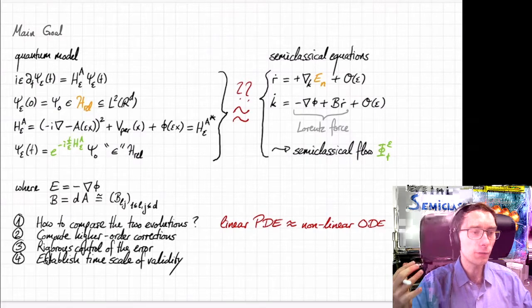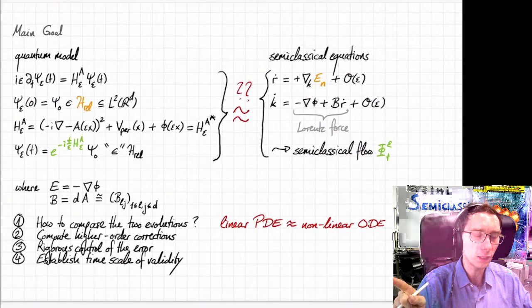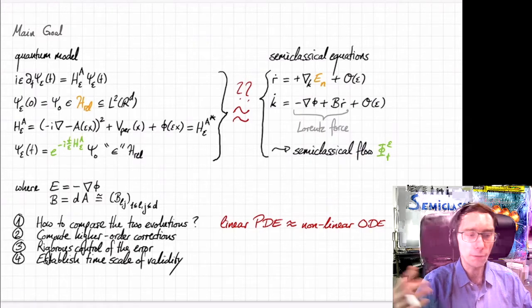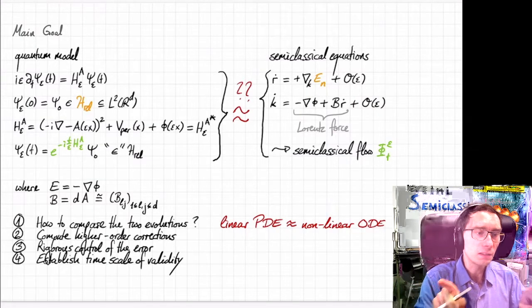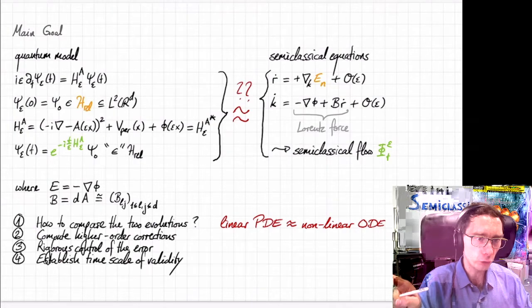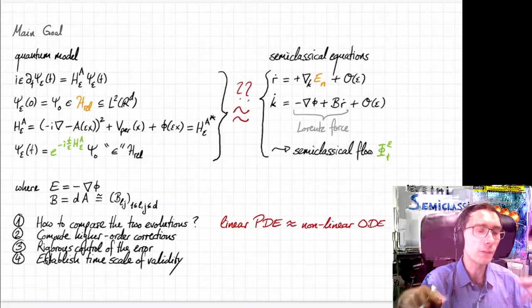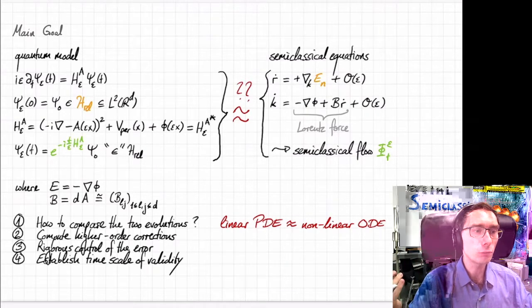And this gives you a limit on the time scale of validity, because even if you just compare two nonlinear ODEs where the vector fields are close, if you wait long enough, then the trajectories typically will diverge exponentially. So this gives rise to chaos. And the same can be true here, right?